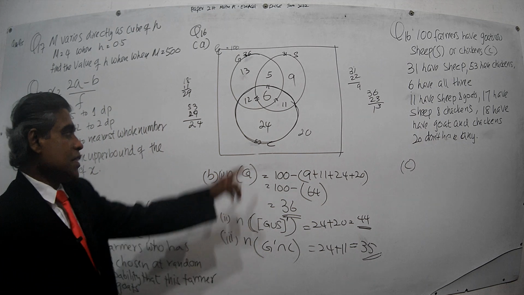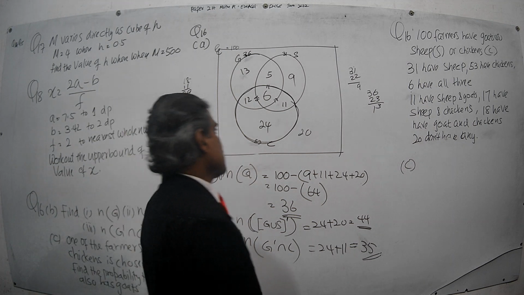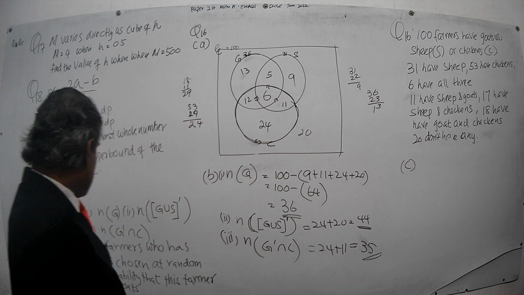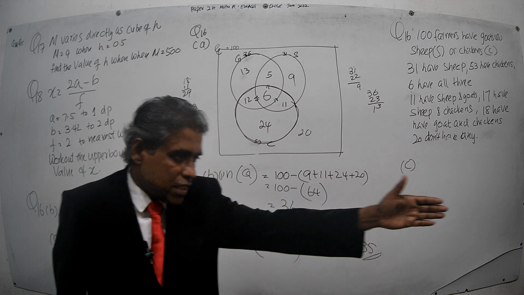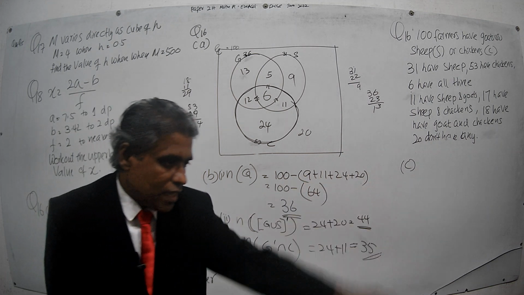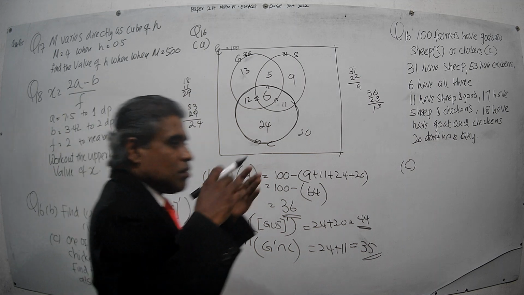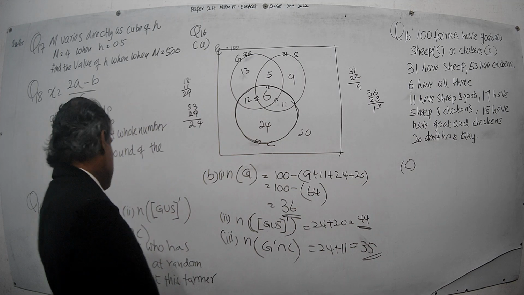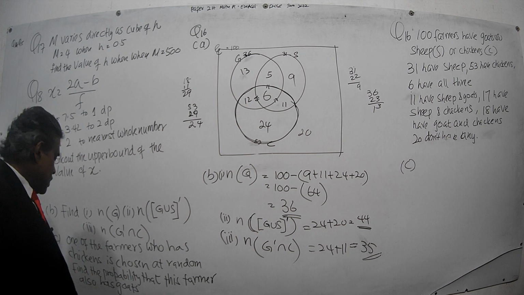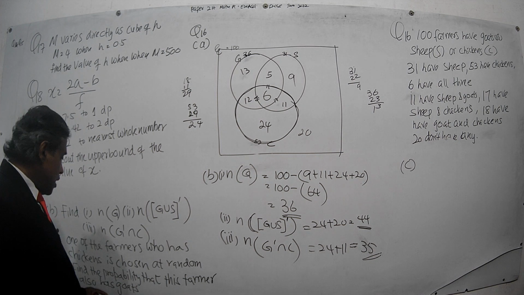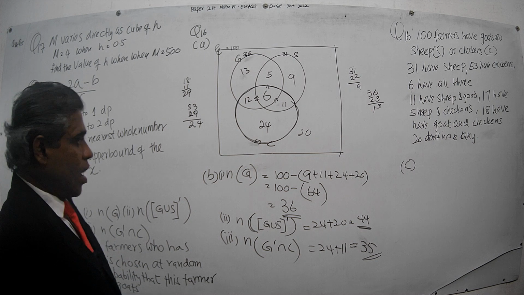There are 53 farmers who have chickens. Then you ask all these 53 farmers who have chickens to come to one place. Then you choose one person. Then they say find the probability that that person also has goats.